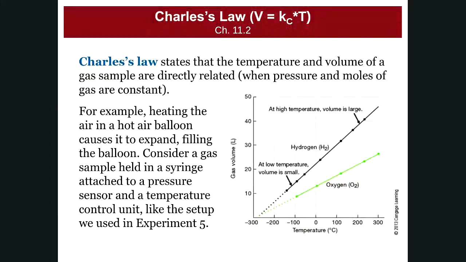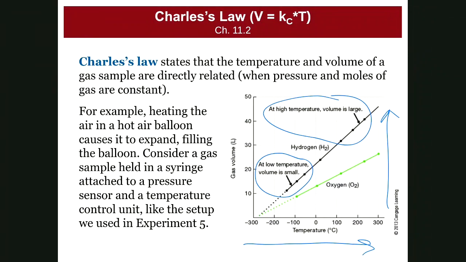So we're going to talk about volume for Charles' law. When temperature goes up, volume goes up. So at low temperature, the volume is small, and at high temperature, the volume is large. The black line is for hydrogen gas, the green line is for oxygen gas, but both have a constant slope that is increasing, showing our direct relationship.